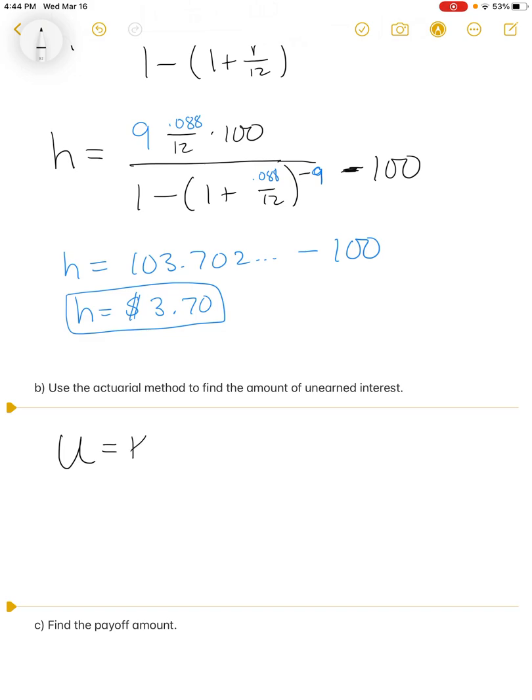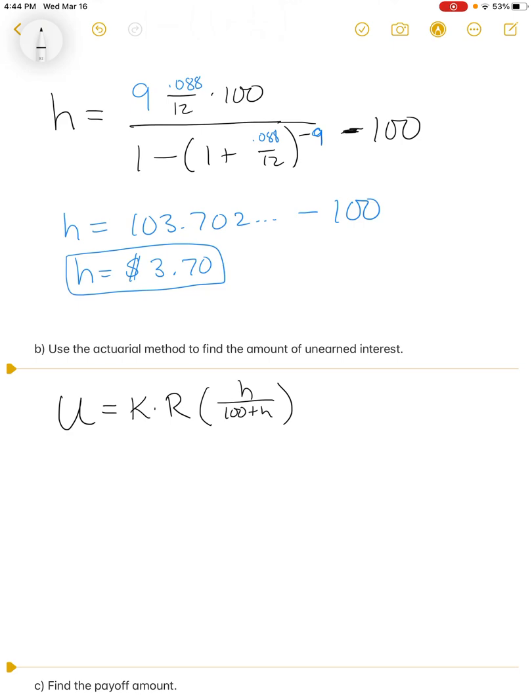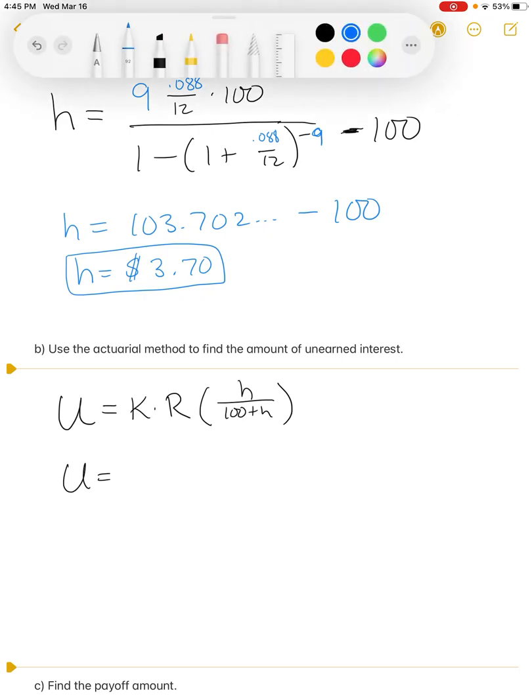And the formula looks like this: U equals K times capital R times H over 100 plus H. And that's it. That's the formula. It tells us, hey, this is the unearned interest that the bank's not getting because you paid it off early. So we're looking for that unearned interest. K is the number of remaining payments. So we're familiar with that number. That number is 9.